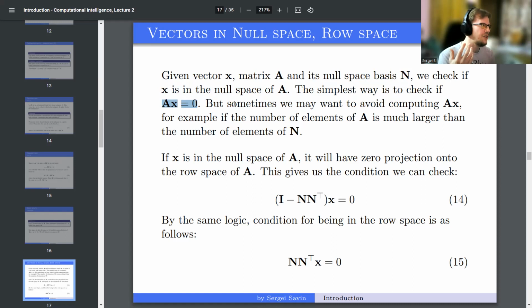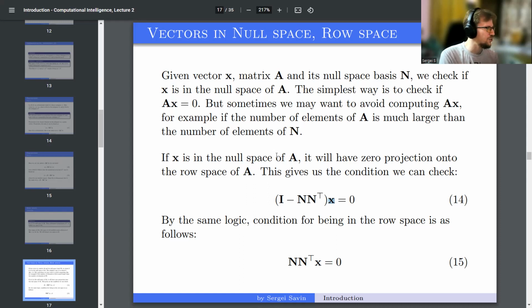Well, for example, if A is a huge matrix and its null space is like 1 or 2 vectors, it may be much faster to do it without this computation. So instead, we can find a projection of x onto the orthogonal complement of the null space, which is the row space, right?